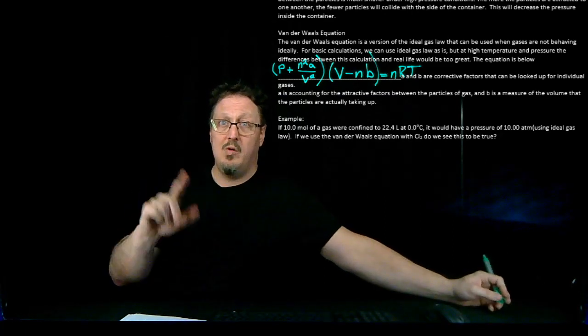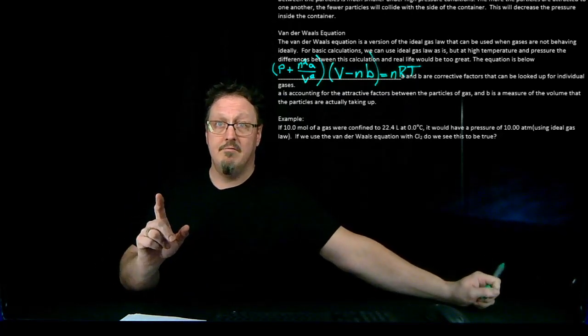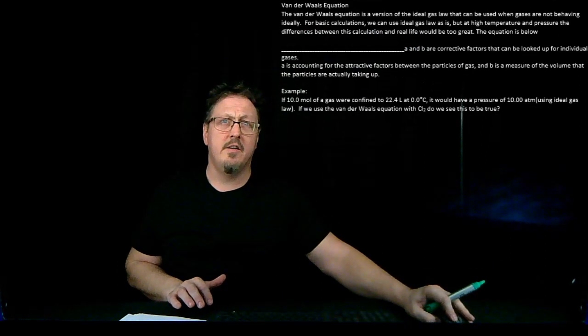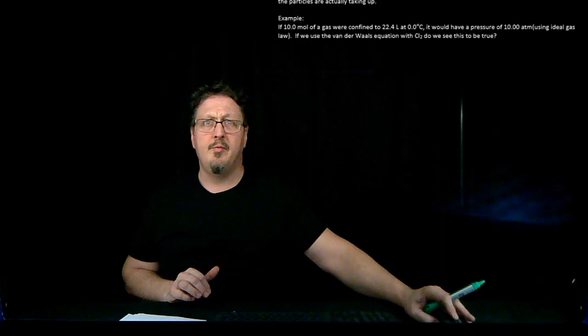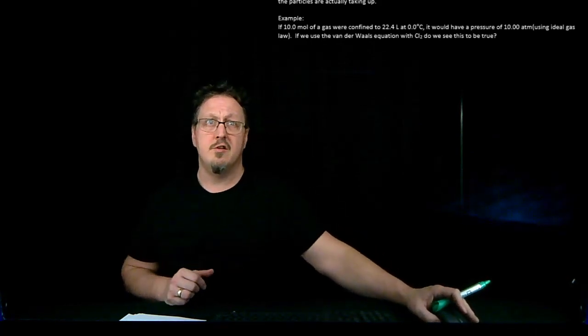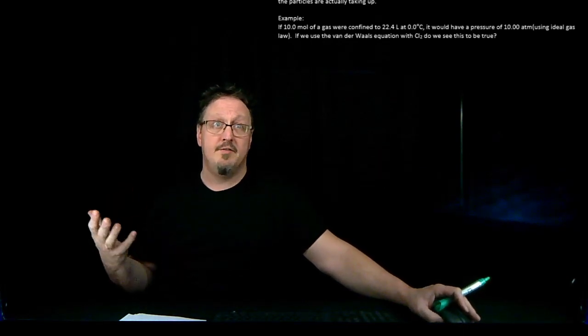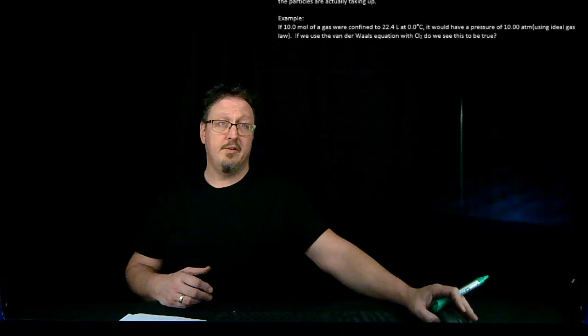So we're going to do one example with this. All right, so here is our example. If we have 10.0 moles of a gas confined to 22.4 liters at 0 degrees Celsius, we would expect that it would have a pressure of 10 atmospheres using the ideal gas law.